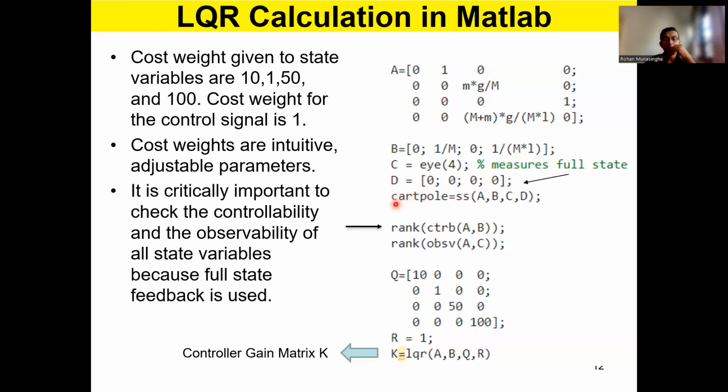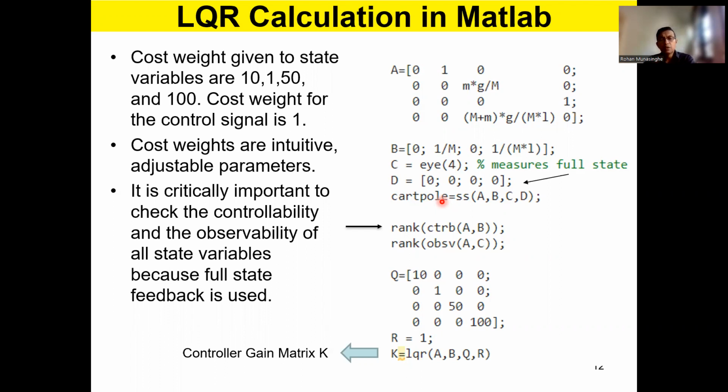Then you can put any name for the state space model using A, B, C, and D. You give all 4 parameters to the MATLAB command ss, and then you assign the state space model as cartpole. Fine, so this is the state space model. But what we want is to calculate the feedback gains for the linear quadratic regulator.